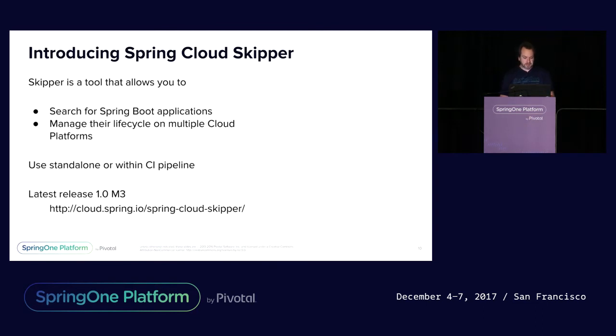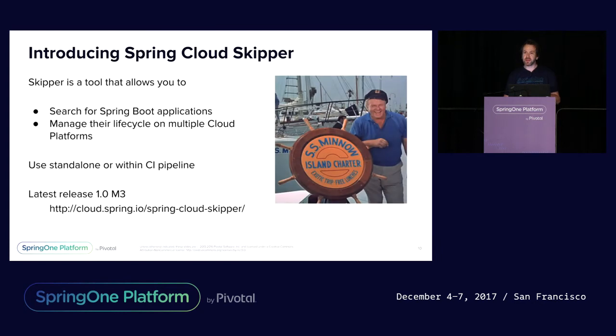And there's a link to the homepage and the release. Since everything in Kubernetes land is based on nautical themes, I picked one of my favorite characters from my childhood, Skipper from Gilligan's Island, and it's good because he's in charge of the boat. So now he's going to be in charge of your boot apps.